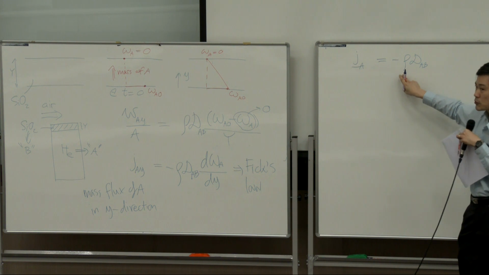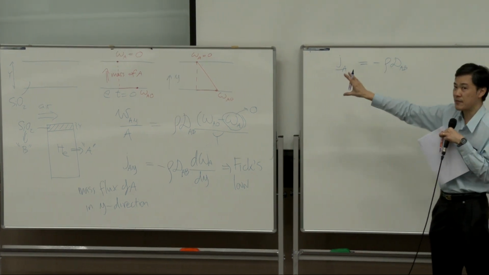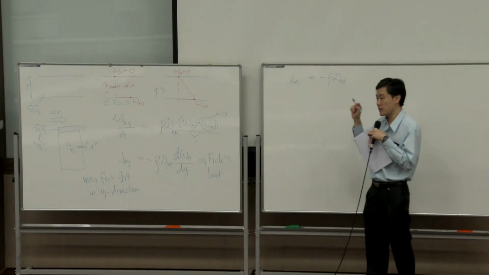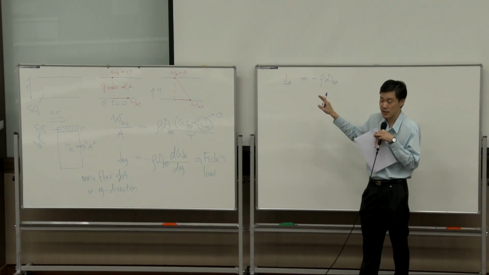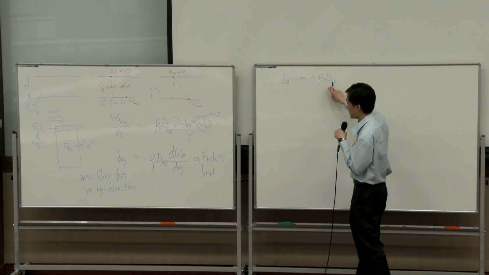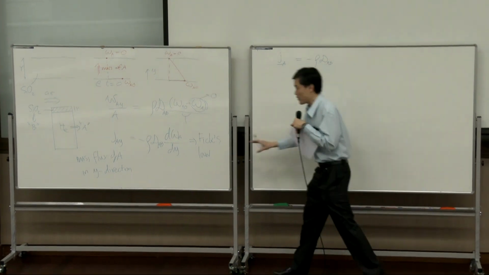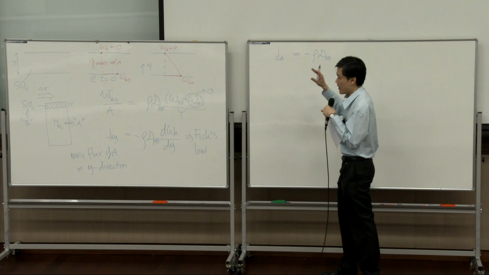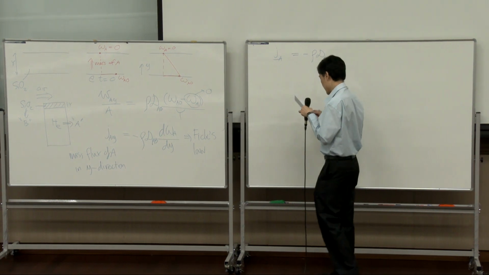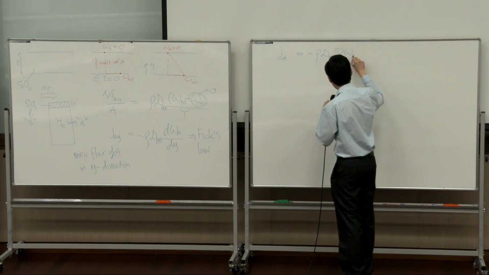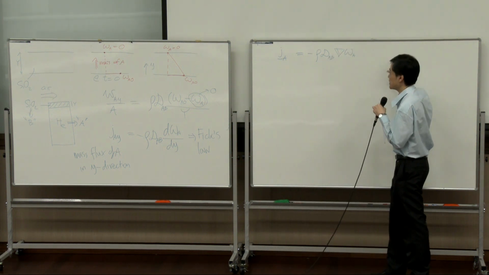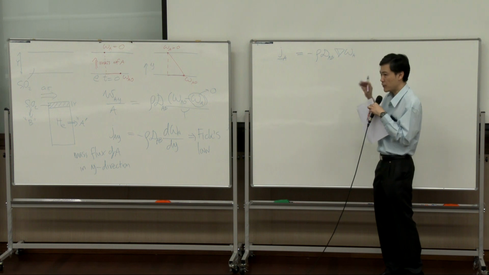Remember, this rho is total concentration of the whole slab. Doesn't matter whether you are considering x, y, or z direction, this total concentration remains the same. Diffusivity will remain the same as well. For this differentiation part for x, y, z components, you end up with del omega A. Okay? So this is Fick's law in three dimensions.